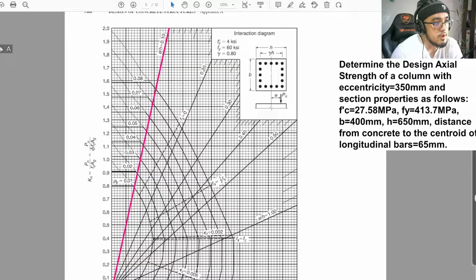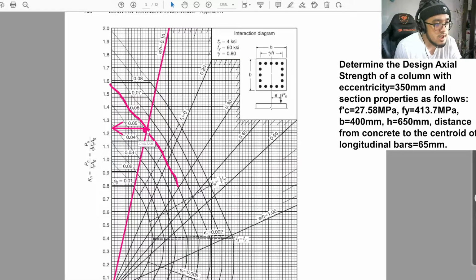Then we will now be checking the cross-sectional steel ratio of your section. For example, that your cross-sectional steel ratio is to be 0.5. So what this means is that you will be making use of this particular curve. Okay. So with that, guys, if this is now to be its intersection, what you will be doing is that you will be projecting it to the left or projecting it downwards.